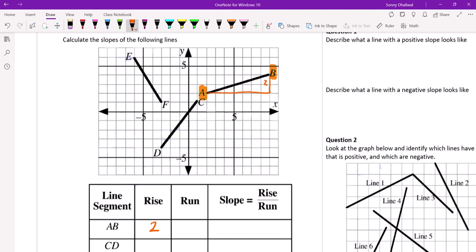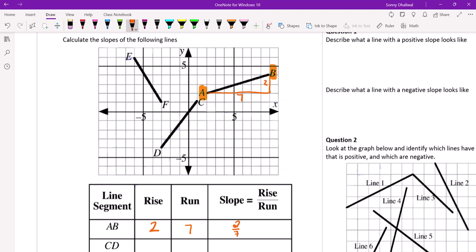We're just counting boxes since each box is going up by 1. So is our slope 2 over 7 or 7 over 2? 2 over 7. Our vertical change over our horizontal change.